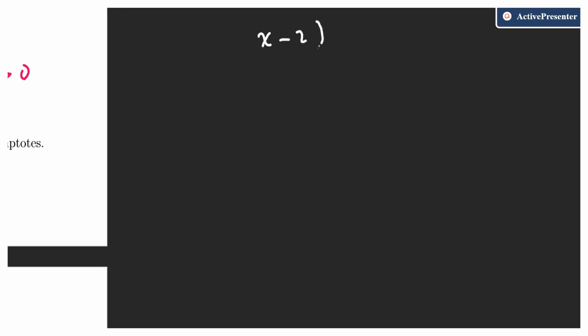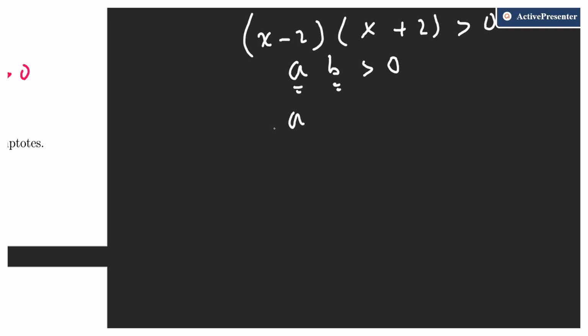So to do that, we set up x minus 2 times x plus 2 greater than 0. This means the product of two numbers must be greater than 0. The product of two real numbers is greater than 0 first when both are positive, so their product will be positive.